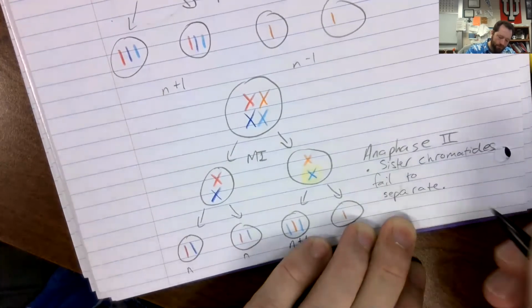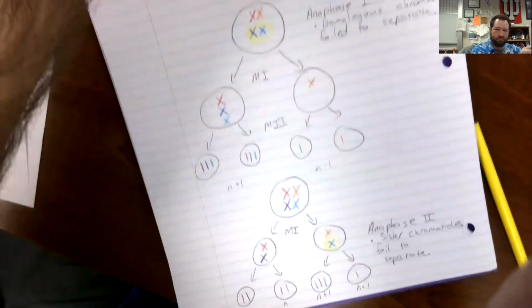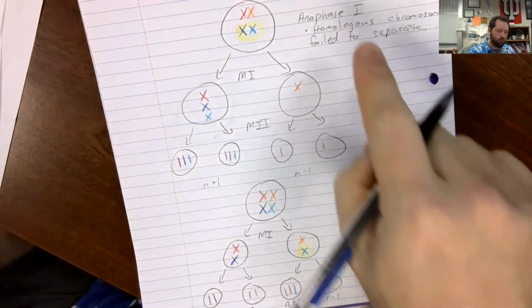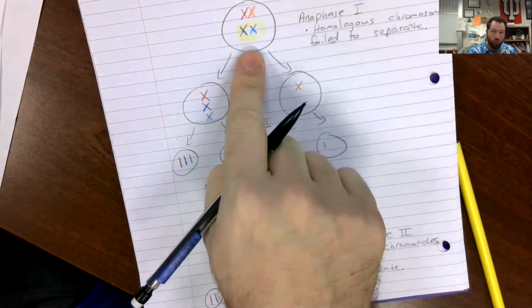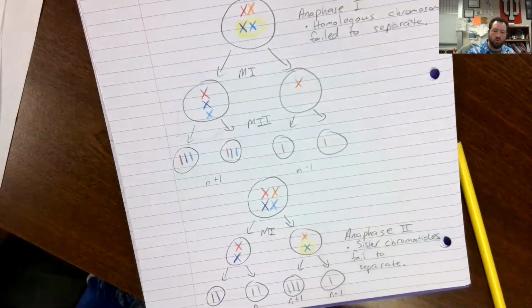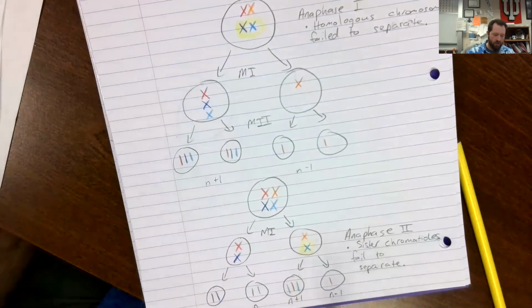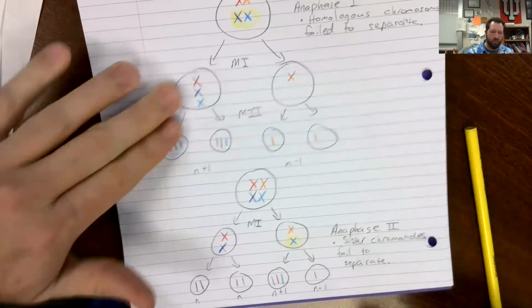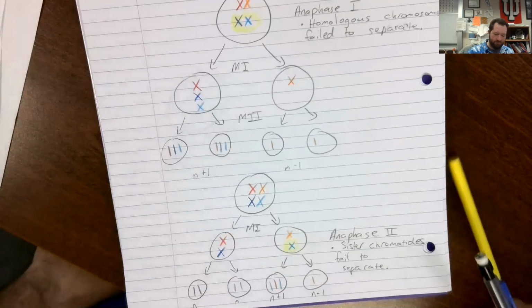There we go. So during anaphase 1, the homologous chromosomes might fail to separate. During anaphase 2, the sister chromatids might fail to separate. So there's two places that non-disjunction might occur. You see them here, two different possibilities.